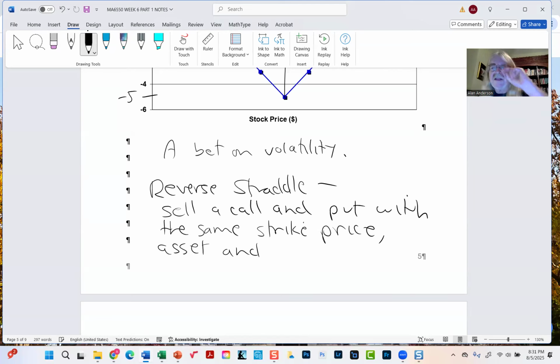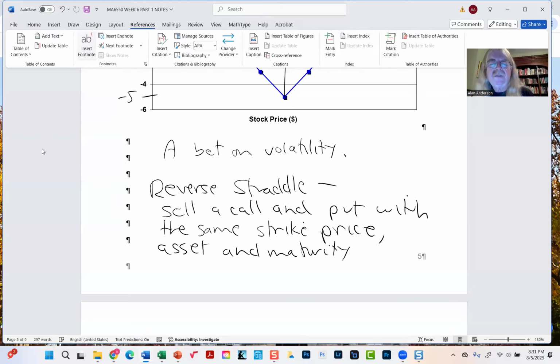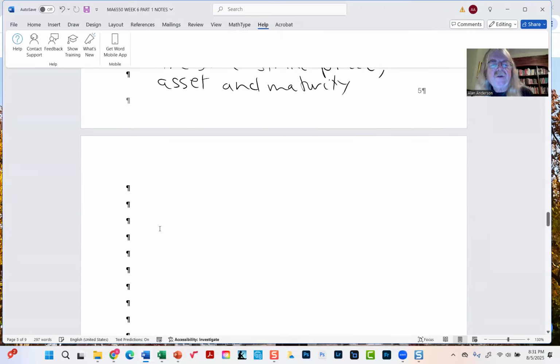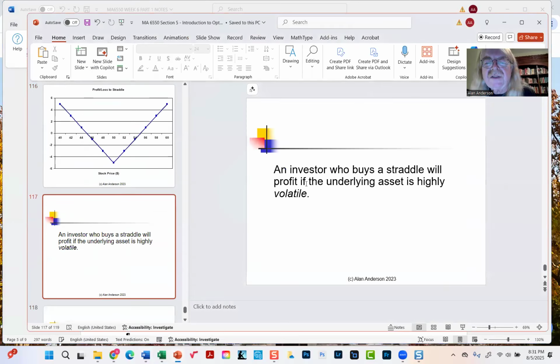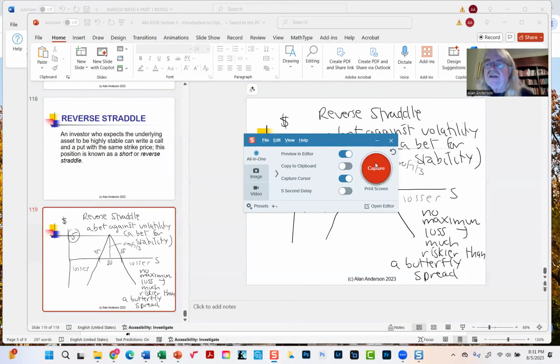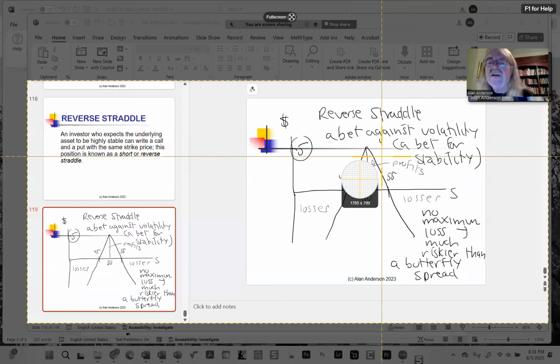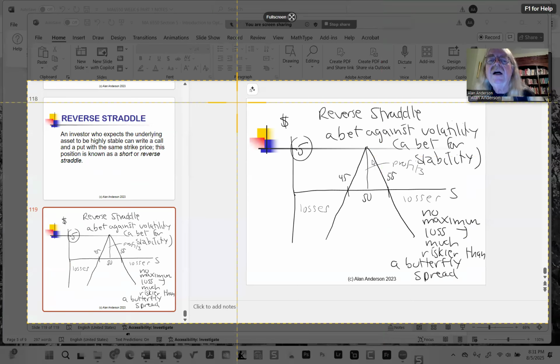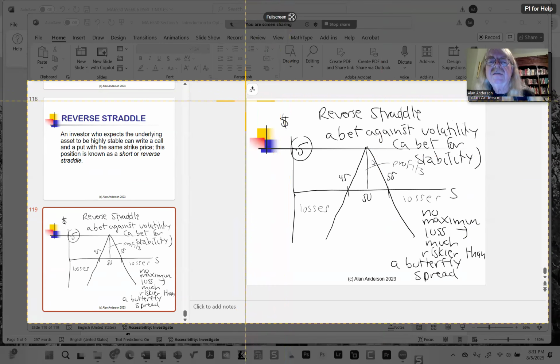And you could probably also guess by now that you're simply flipping it upside down because you're reversing the two positions. And I'm not sure if I have graphing here. I might have to draw it by hand. Let's see. All right, that'll do. You can see it is, in fact, the straddle flipped upside down. So you can see now we're betting against volatility.